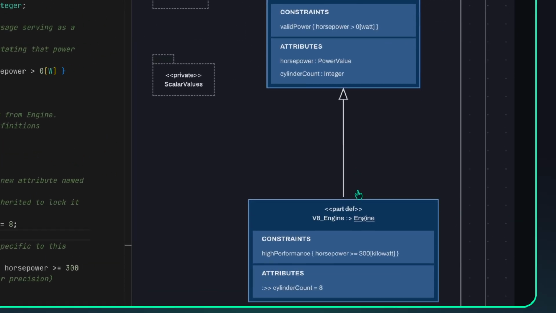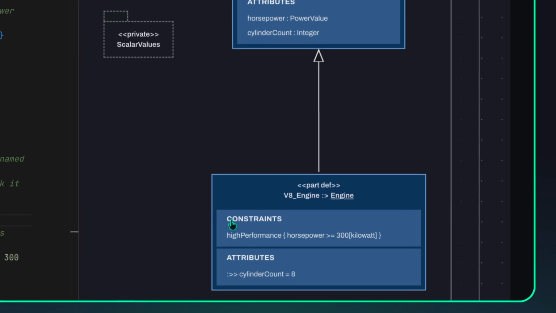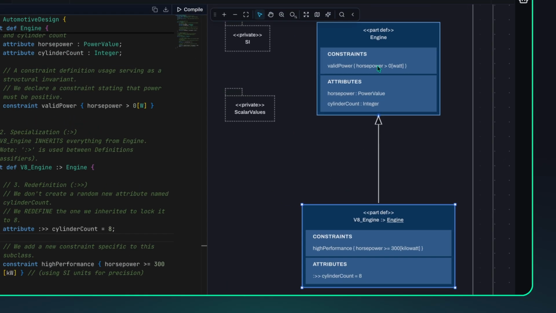A different specialization, such as an inline-4 engine, can redefine its inherited cylinder count differently. The next line redefines horsepower. The specialized definition then adds high performance, requiring at least 300 kilowatts. Together, the inherited positive power constraint and the new performance constraint describe the V8 without weakening the general engine definition.